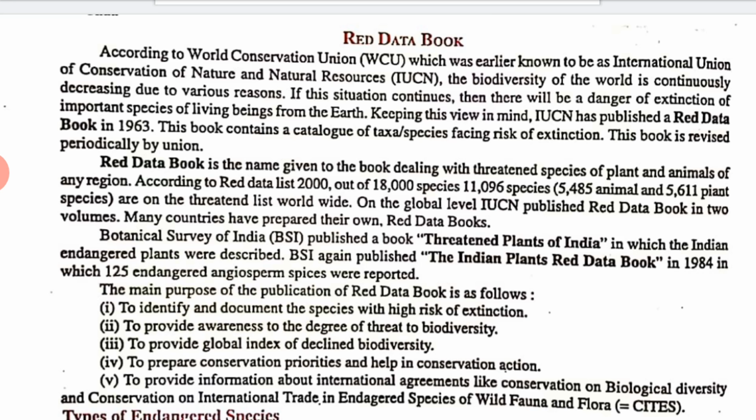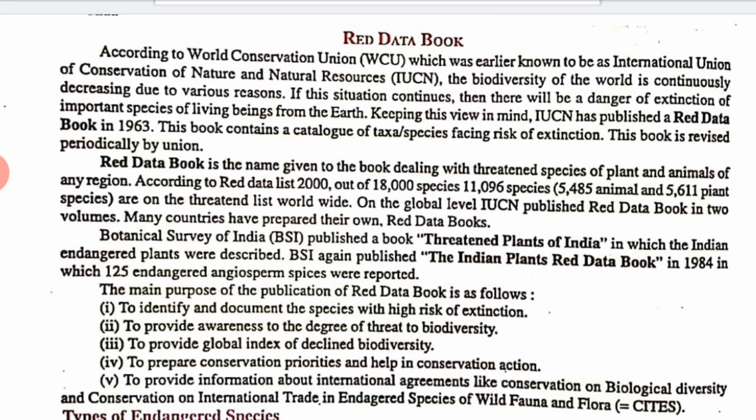The main purpose of publication of the Red Data Book is the following. So what are the main purposes? To identify and document the species with high risk of extinction, to provide awareness of the degree of threat to biodiversity, to provide a global index of declining biodiversity, to prepare conservation priorities and help in conservation actions, to provide information about international agreements like the Convention on Biological Diversity and the Convention on International Trade in Endangered Species of wild fauna as well as flora.